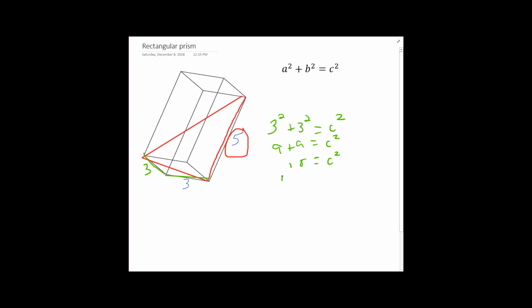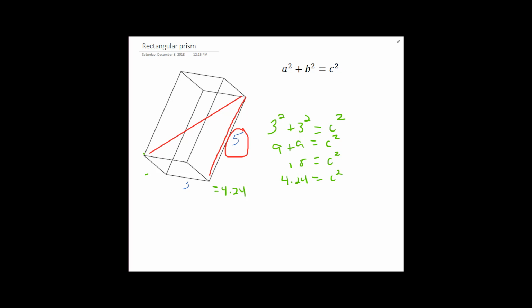So now we have 4.24 equals c squared. So this line right here equals 4.24. Now I'm going to erase some of that. We'll put our red line back.